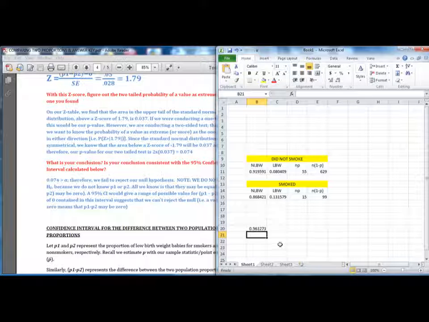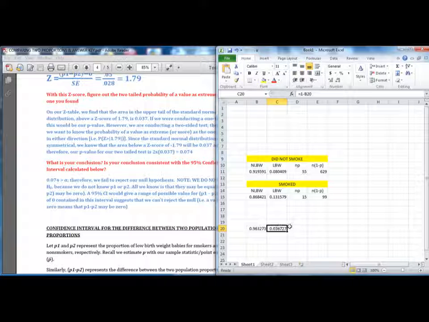Now what is this telling us? This is telling us the cumulative probability up to a z-score of 1.79, which is to the left. We want to the right, so we do 1 minus that to give us this. Now this is one tail, the right tail.